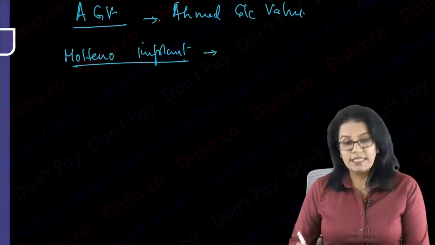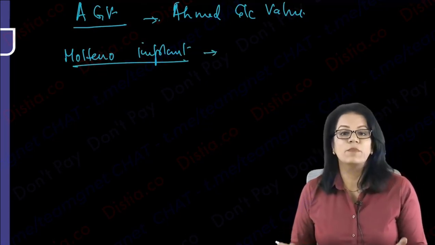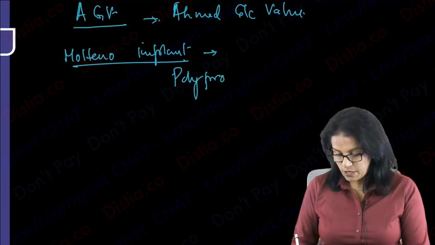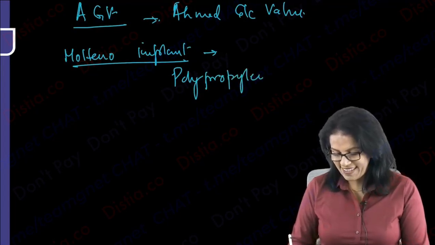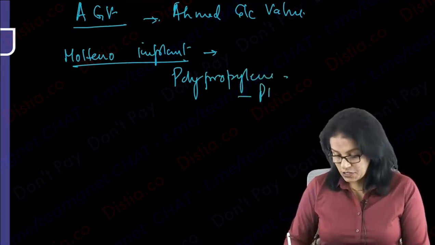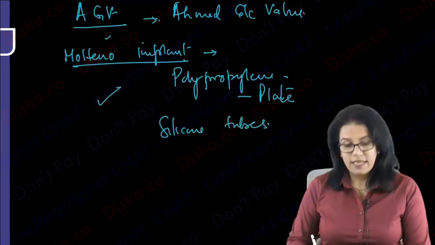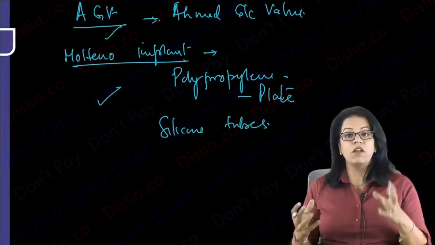In all these, what are they made up of? Mainly silicon and polypropylene. The plate is made up of polypropylene, easy to learn, P for P. And the tube is made up of silicon. And remember, it is a valved implant.